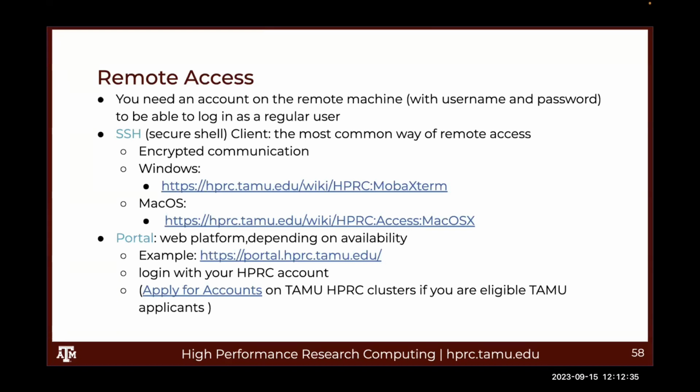Okay. If you want to take some time, you can download this. On Macs, who has a Mac? All right, it's easier. You just open up Terminal and you can SSH into our system. So if you want to take a minute to download MobaXterm and try to SSH into our system, or if you have a Mac, just do so through Terminal.